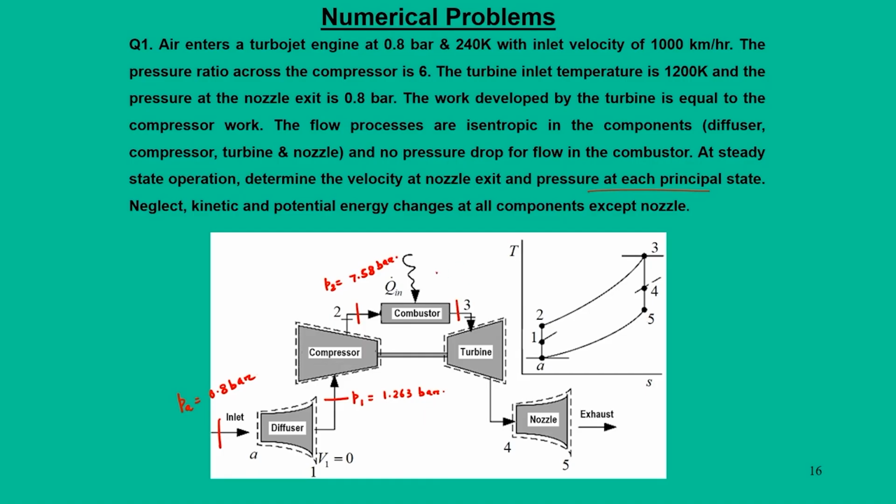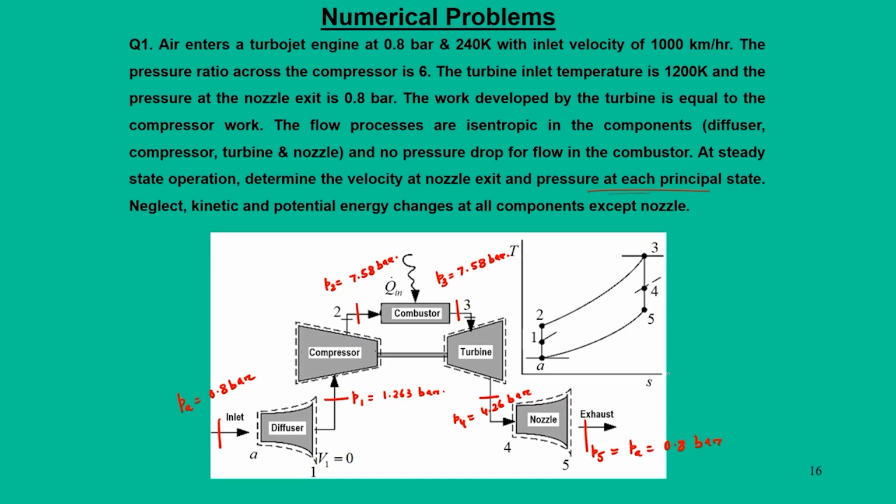P2 and P3 are equal, so P3 is also 7.58 bar. P4, which we calculated in the last slide, is 4.26 bar, and P5 is again atmosphere or ambient conditions, that is Pa, 0.8 bar.